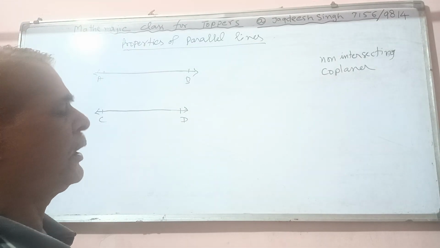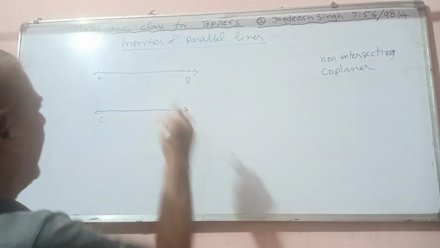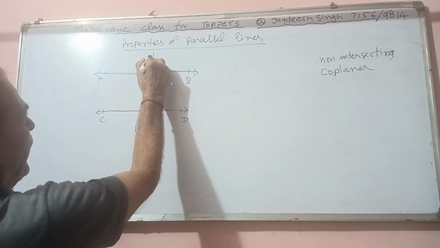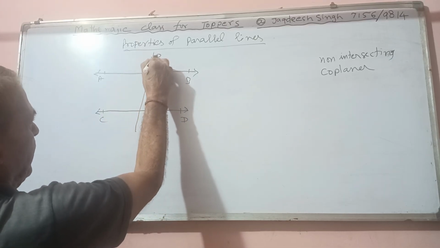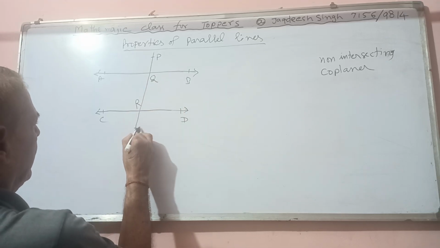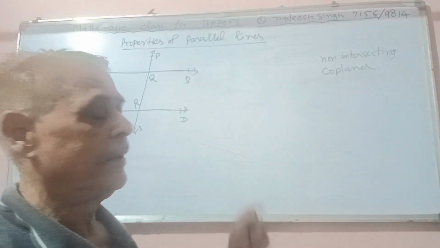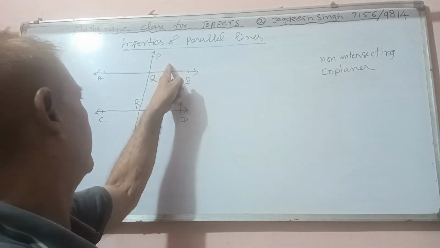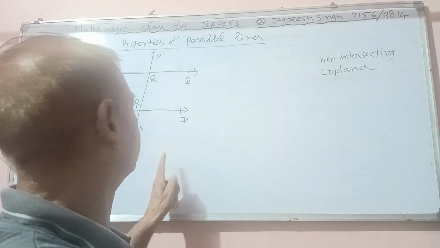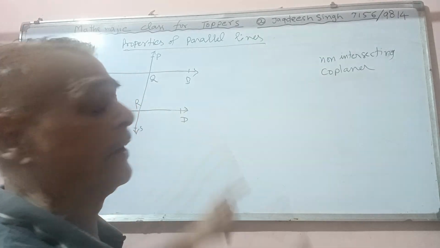Now another thing is the transversal. A line which intersects both the lines in different points P, Q, R, S. This PQ or PR or PS line intersects AB and CD both in two different points.